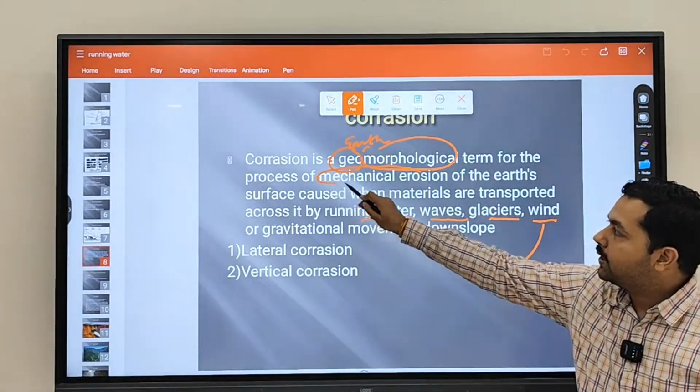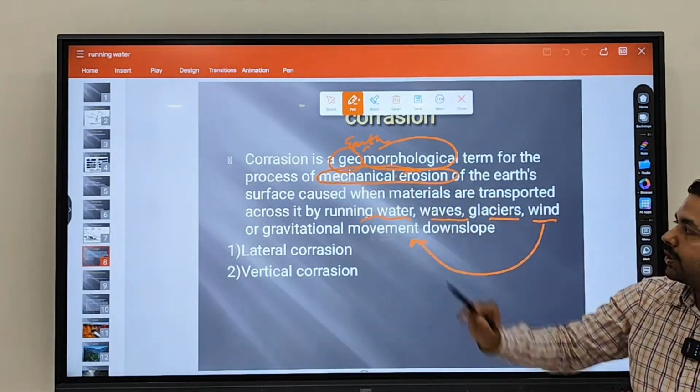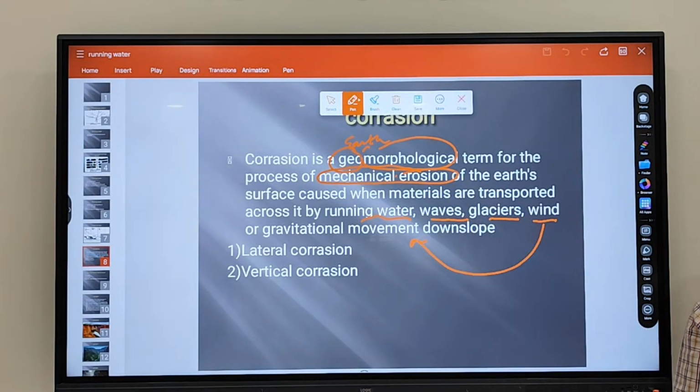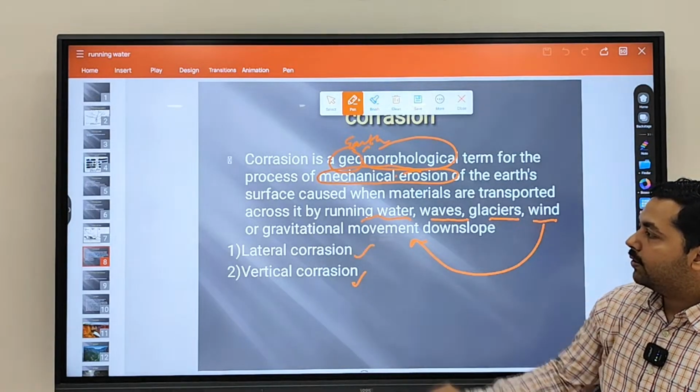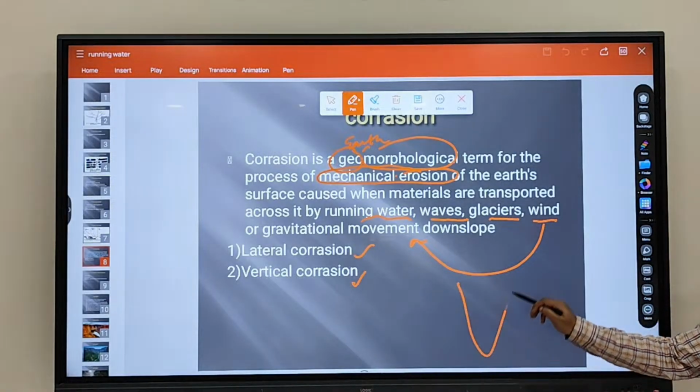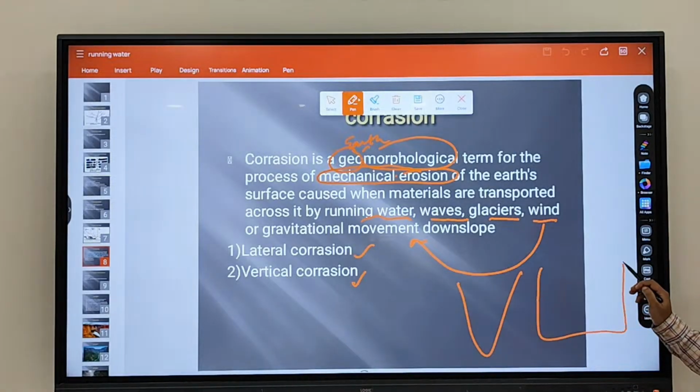Corrasion means mechanical erosion. And two types of corrasion, as we discussed, vertical and horizontal. Vertical means deepening will happen. Horizontal means widening will happen.